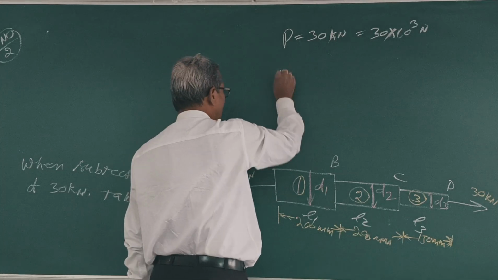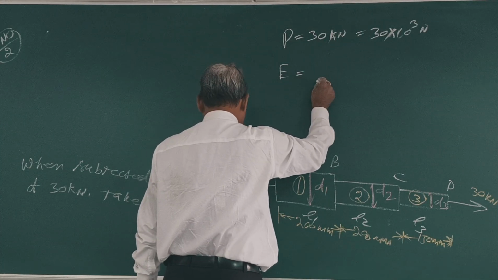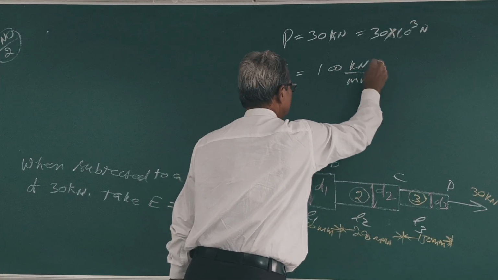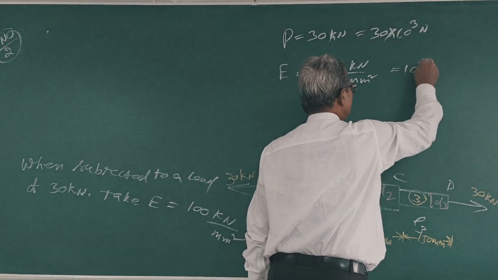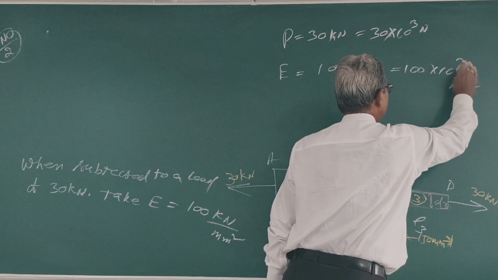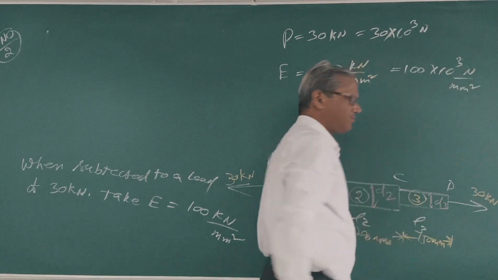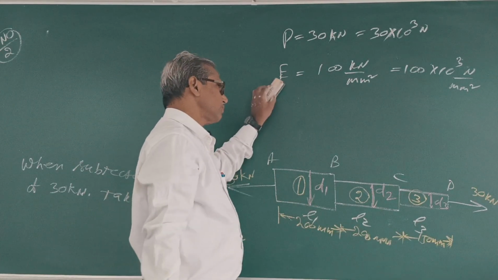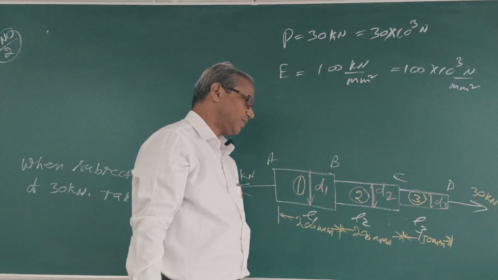Young's modulus E is equal to 100 kilonewton per mm square, 100 into 10 to 3 Newton per mm square. Clear? This is E. Clear?